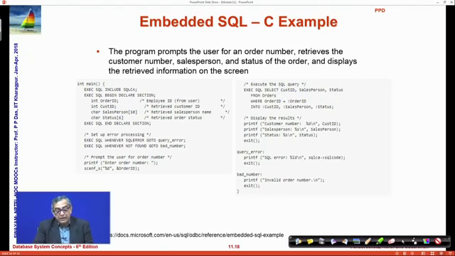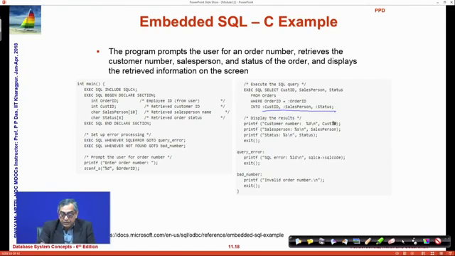So, now you can easily see that once this has been done, I will be able to get all these values here. Normally, the program would be longer, and you would have to iterate over the cursor as you did in the ODBC case, but in this case since we are using one order number, we know that there will be only one record. So, we are not showing the iteration on the cursor.